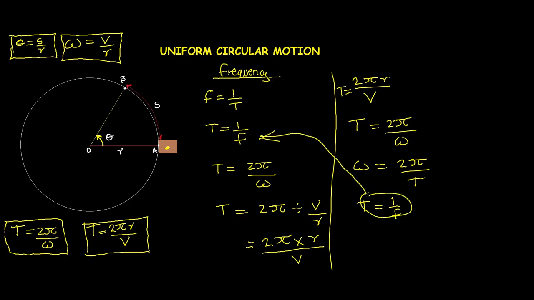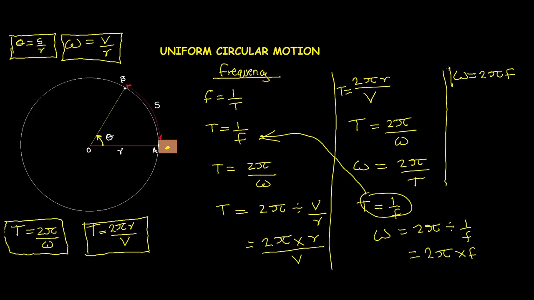So we can substitute this T with this T. So it will be omega is given by 2 pi divided by 1 all over f. If we calculate this, it will be 2 pi multiplied by f. And your final equation will be omega is given by 2 pi f. So this is another equation that you need to take note of. So you can add it to the list of our formulas here. So this is the simplest way of extracting these 5 equations of uniform circular motion.